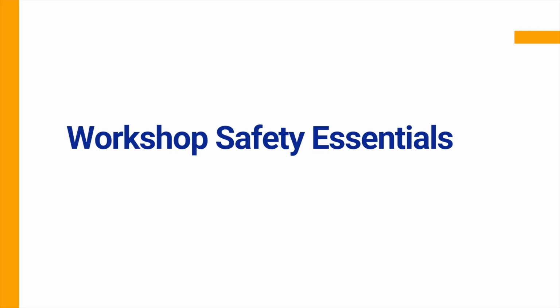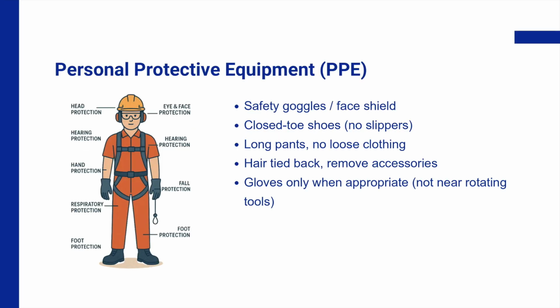Okay, now we will look at the PPE, the personal protective equipment. This PPE is used to reduce the risk of injury when working in an engineering workshop. Alright, common PPE includes safety goggles to protect your eyes from flying chips, closed toe shoes to protect your feet from falling objects, and appropriate clothing that covers exposed skin.